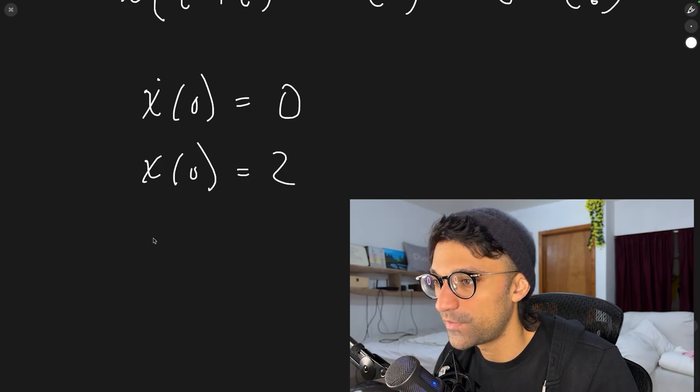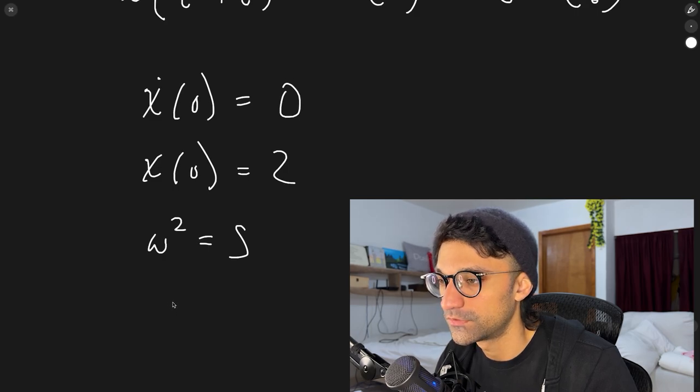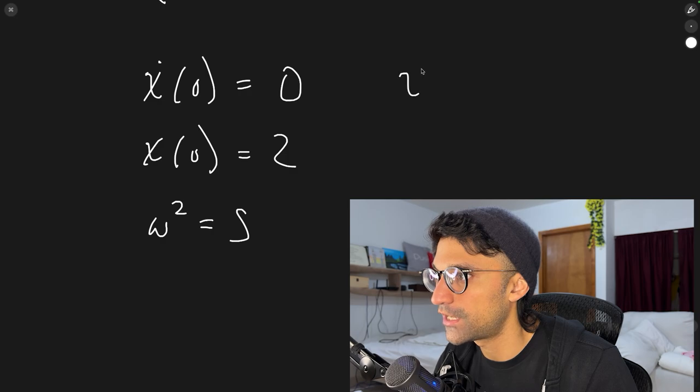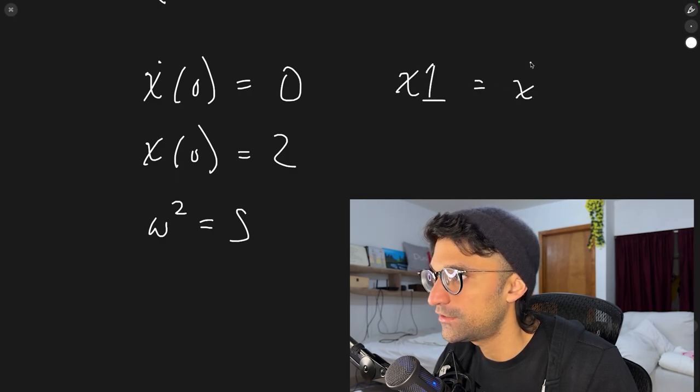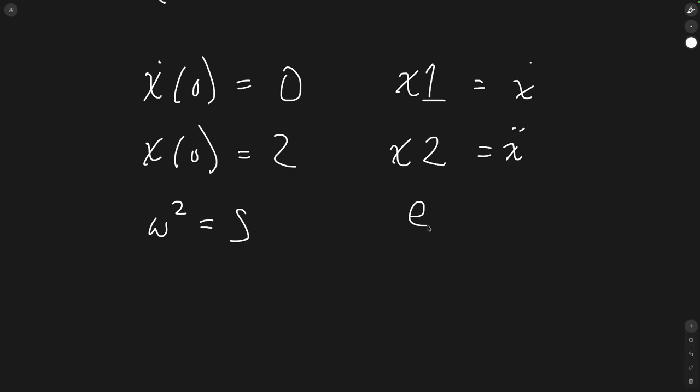Let's say that omega squared is 5. Okay, so we'll use some notation in our code. We'll say x1 equals x dot, and let's say x2 in our code is x double dot, and we'll say e is e.